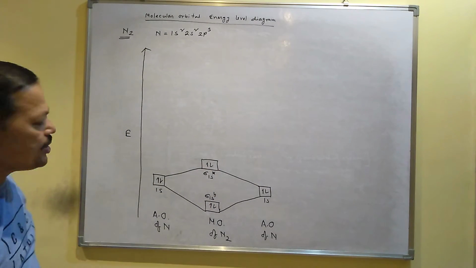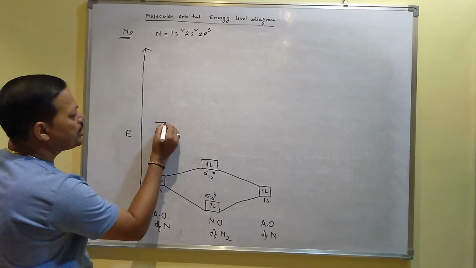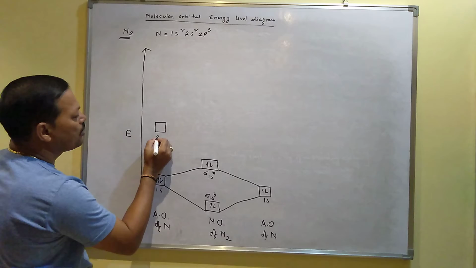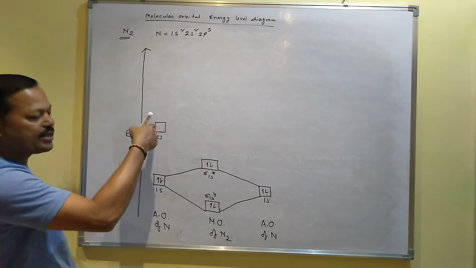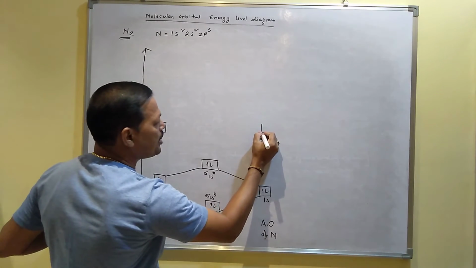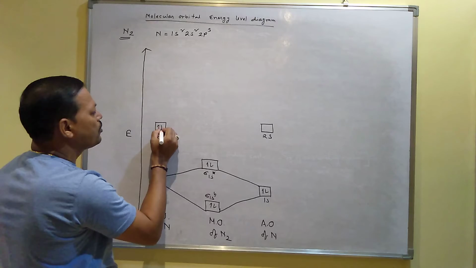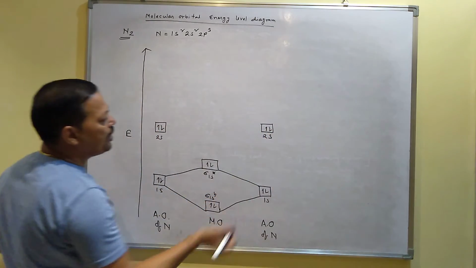Next you come to 2s. For this nitrogen, this is your 2s orbital. As you know, the 2s orbital has higher energy than 1s, that's why I have drawn it here. And this is the 2s for this nitrogen atom. In the nitrogen molecule there are 2 nitrogen atoms, so 2 orbitals you will get.